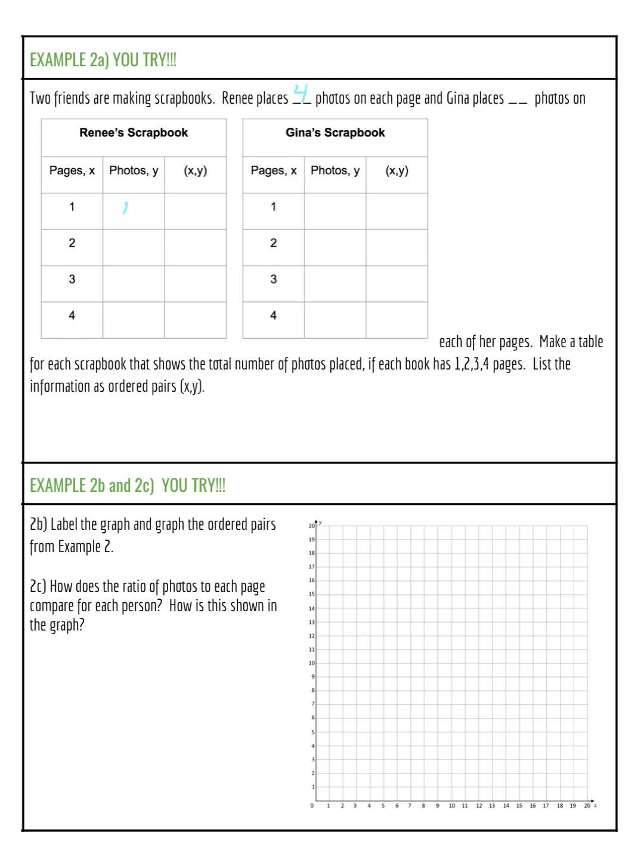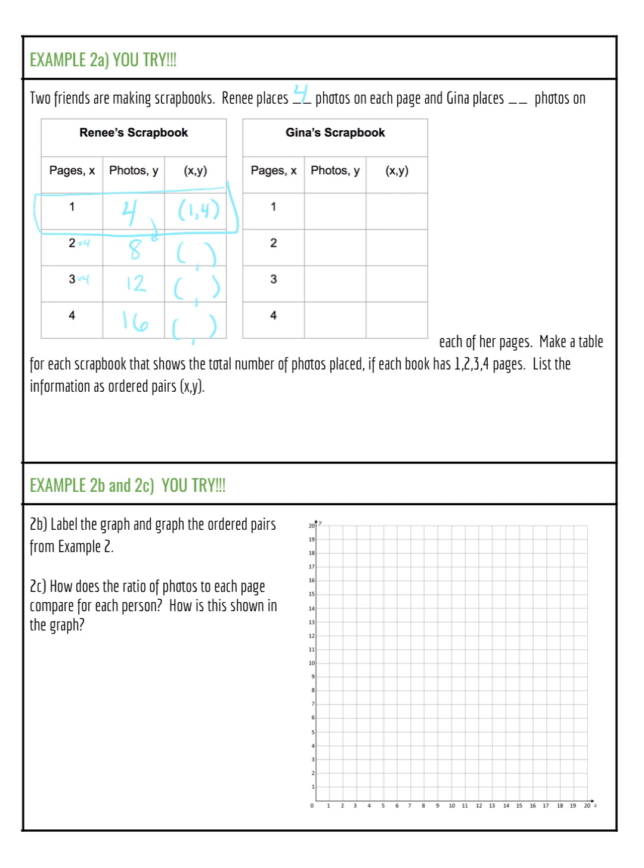So on page 1, she'll have 4 photos. On page 2, she would have 2 times 4 is 8, right? So we add 4 here or multiply. And then add 4 more or multiply by 4, so you get 12, and then you would get 16. Now from here you create your ordered pair, 1, 4.